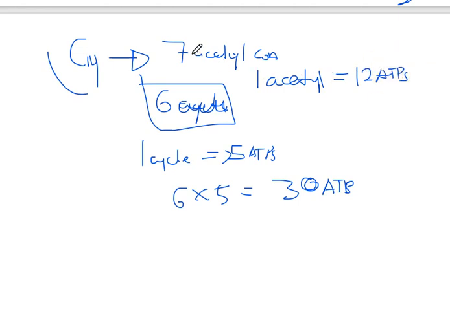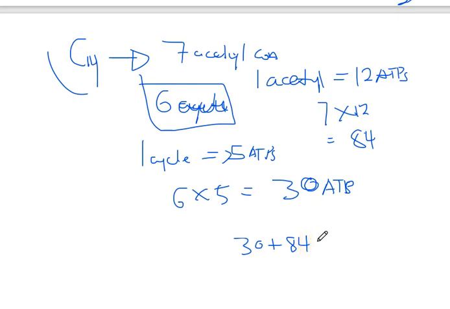So if we have 7 acetyl CoAs, we are going to have 7 times 12 ATPs formed, which is 84 ATPs. So in total, the number of ATPs for the cycles and the acetyl CoA is going to be 30 plus 84.